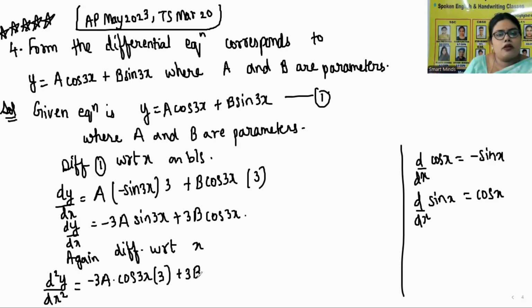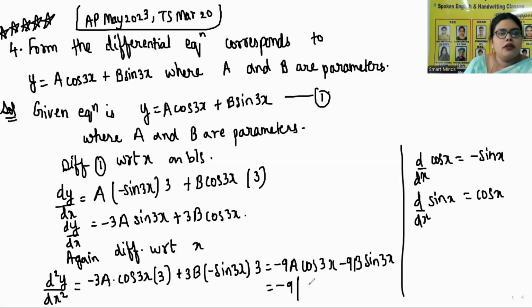Now 3b is a constant, the derivative of cos 3x is −sin 3x, and again the derivative of 3x is 3. So that is −9a cos 3x − 9b sin 3x. If I take −9 common, we get a cos 3x + b sin 3x.